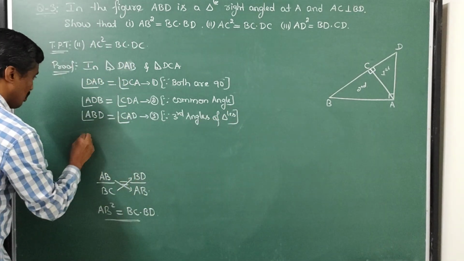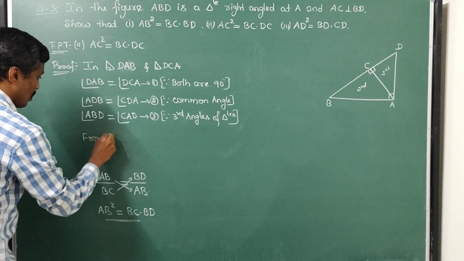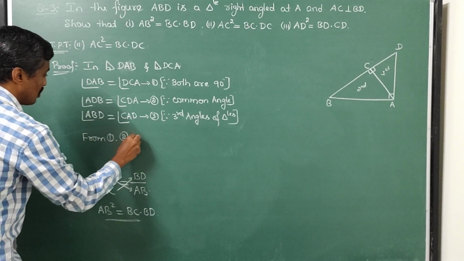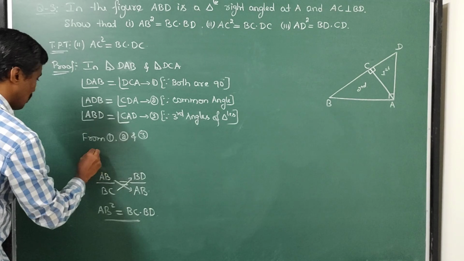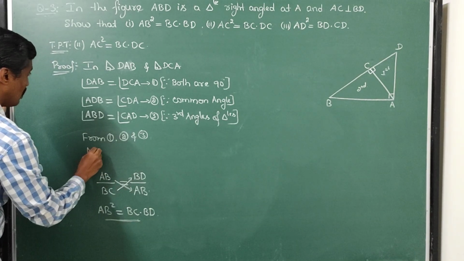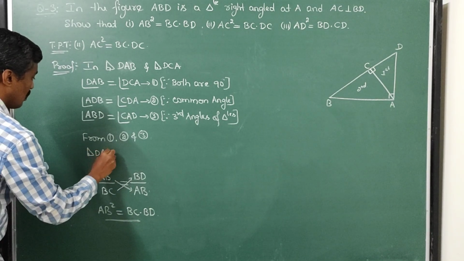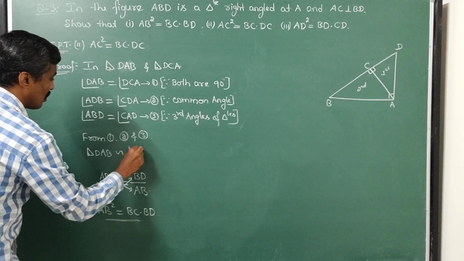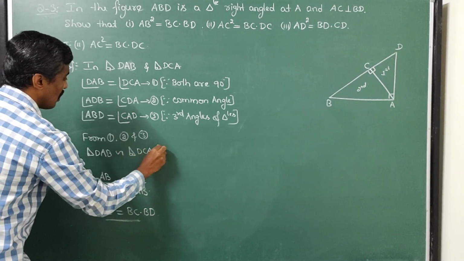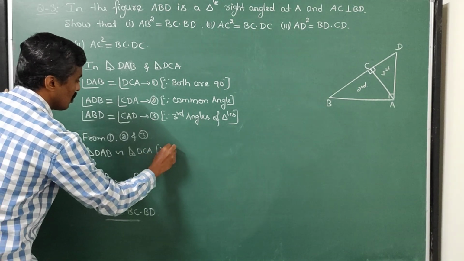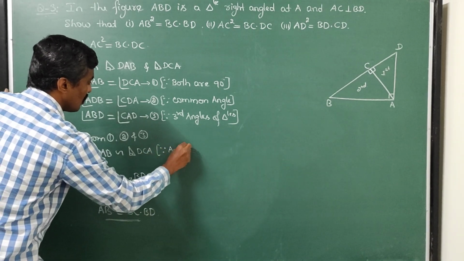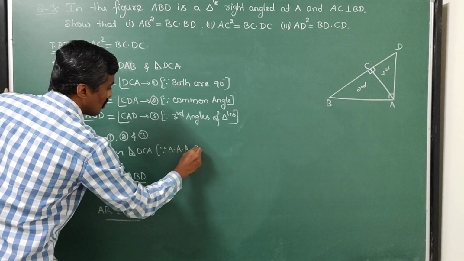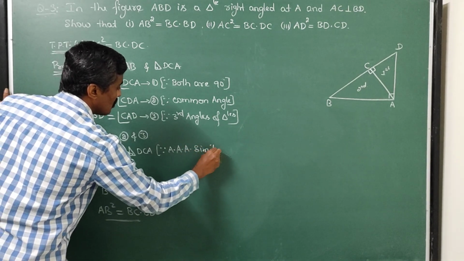So from points 1 to 3, we can say that the original triangle DAB is similar to the right angle triangle, the first part DCA, because it satisfies the AAA similarity criteria.